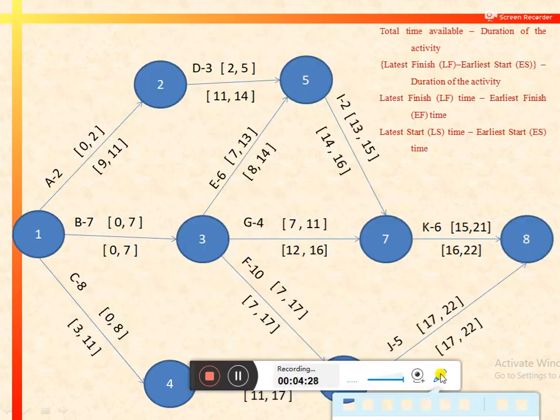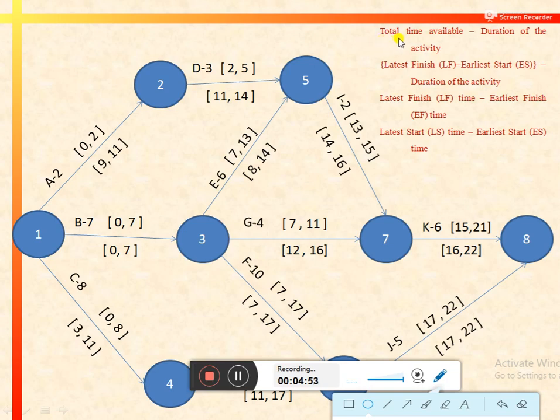So let's have an illustration to calculate the total float for different activities which are given in this network. So let's start with the activity D. For activity D we need to calculate the total float, and these are the different expressions or formulas that we can use to calculate the total float.